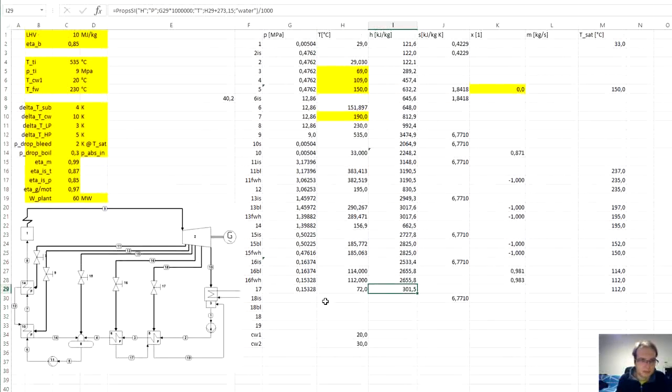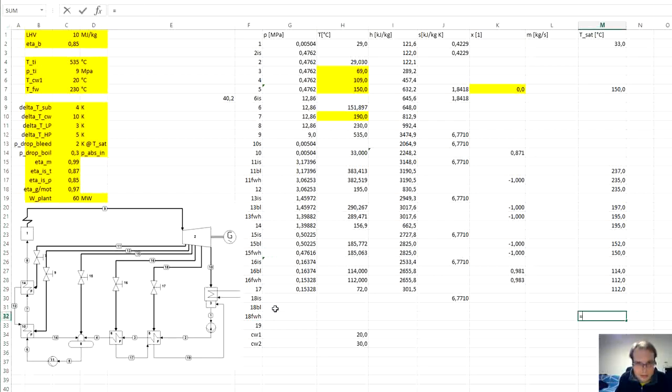And we are moving towards the last feedwater heater at 18. So here should be WH. So 18 feedwater heater.